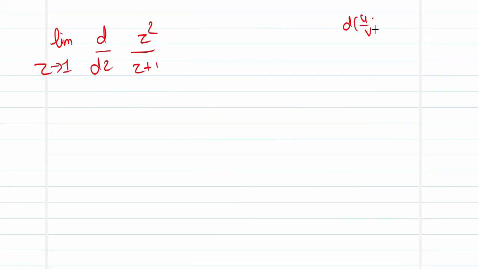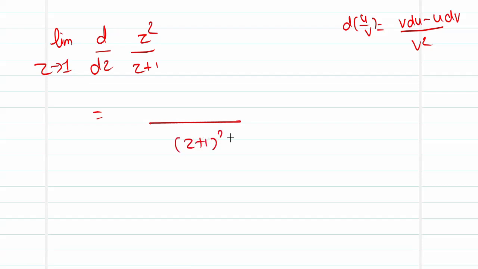Differentiation of u by v is v du minus u dv by v square. So I have this as z plus 1 the whole square. Keep your z plus 1 as such. z square on differentiation is going to be 2z, minus, keep your z square as such, z plus 1 on differentiation is 1 plus 0.